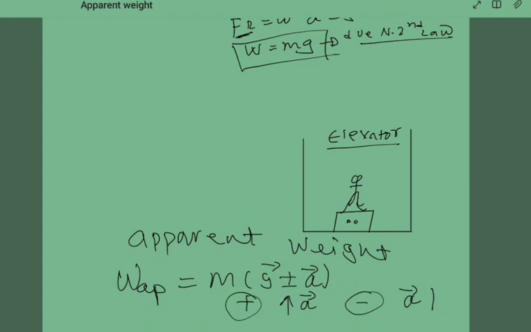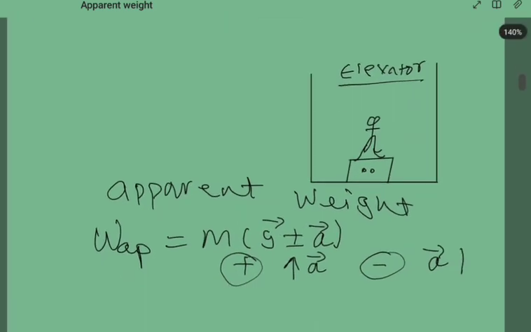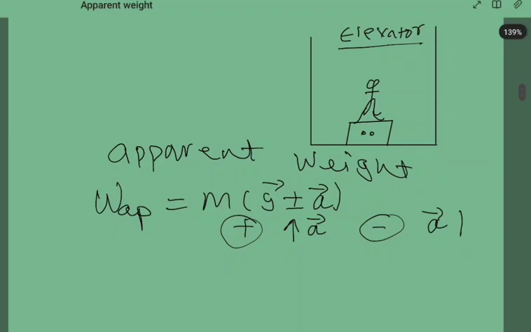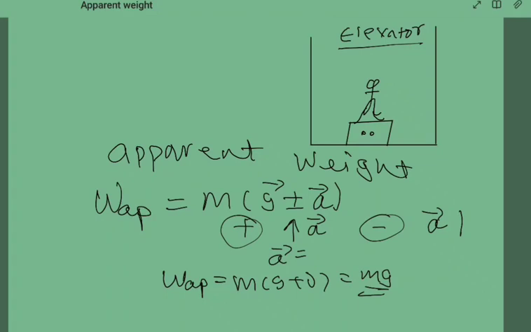If the acceleration is zero, it can be constant velocity, upward or downward, so the apparent weight is equal to mass times g plus 0, which is the mass times gravity, the true weight.